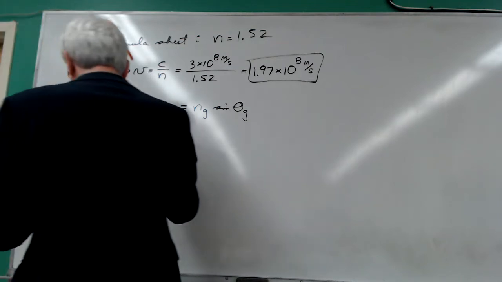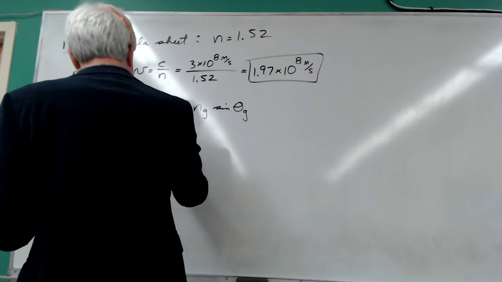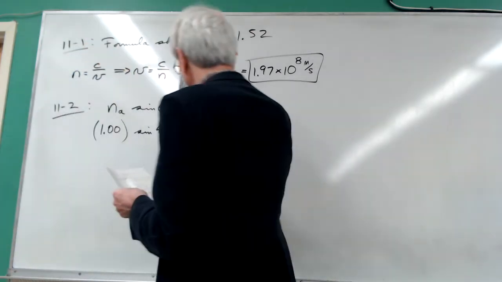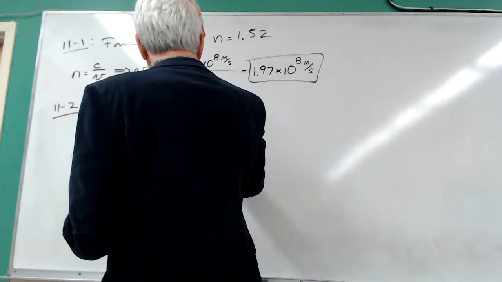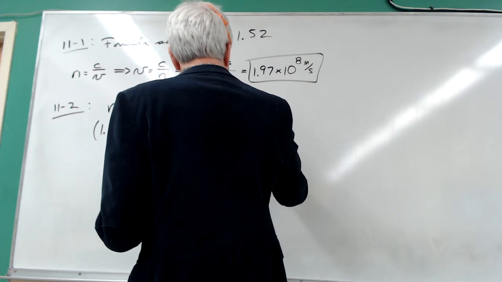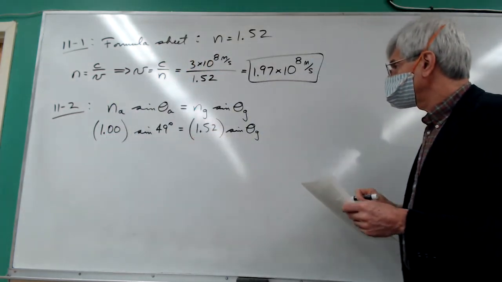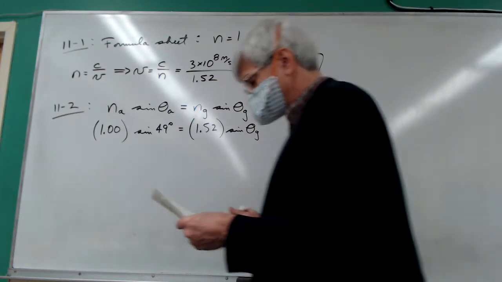Air, as I said, close enough is 1.00. 49 degrees for the incident angle. 1.52 for crown glass. The angle in the glass is the unknown.